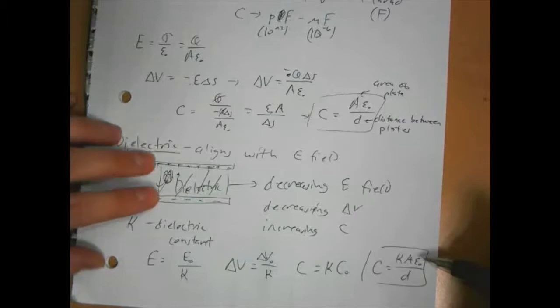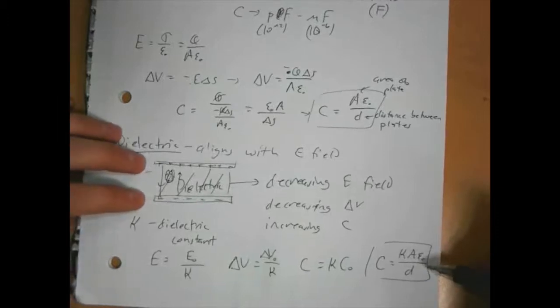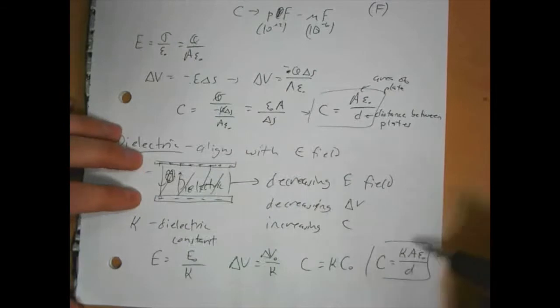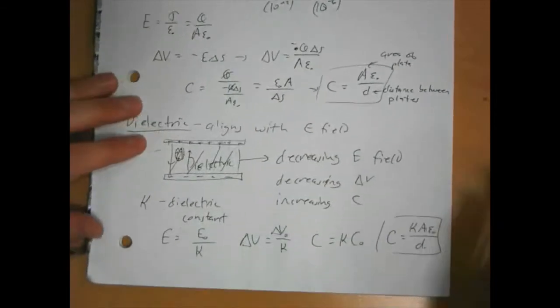As long as you have a given charge on the capacitor, it doesn't matter what they're made of, and it doesn't matter how much charge is there. All that matters for the capacitance is the geometry, the area and the distance between them. So that's kind of interesting.